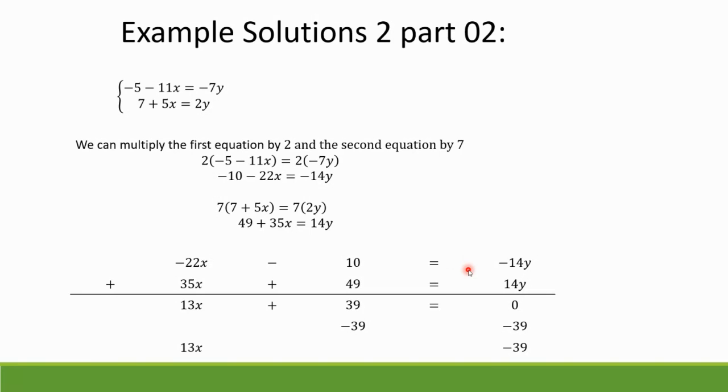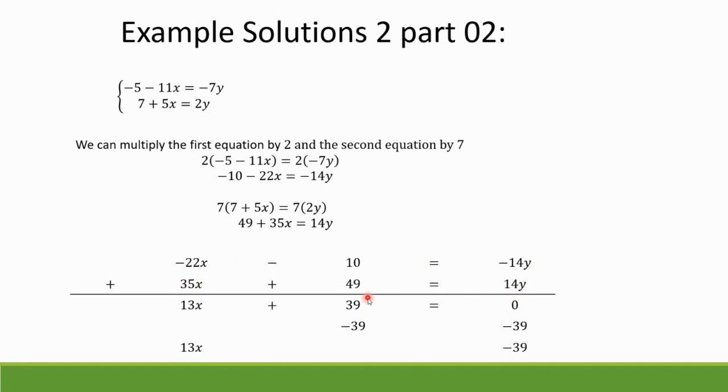So when we add the equations now, right, what happens? We have minus 22x minus 10 equals minus 14y. 35x plus 49 equals 14y. That's the second equation, right? When we add, those y's are gone, as you can see.